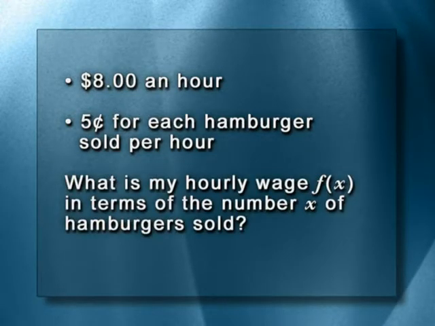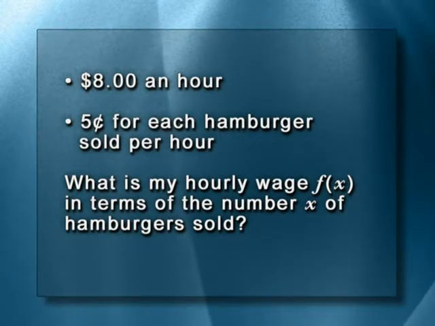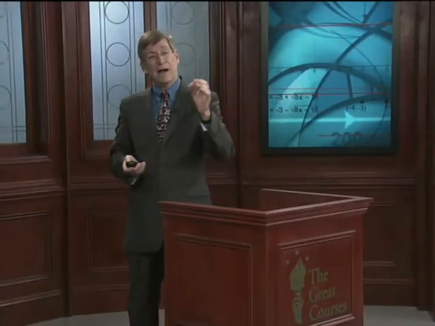First of all, what's my hourly wage in terms of the number of hamburgers I sell? And then I'll ask a harder question in a moment. So let's first figure out my hourly wage in terms of the number of hamburgers. Well, I earn $8 an hour, plus I earn 5 cents for every hamburger.